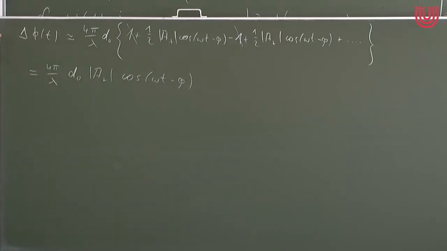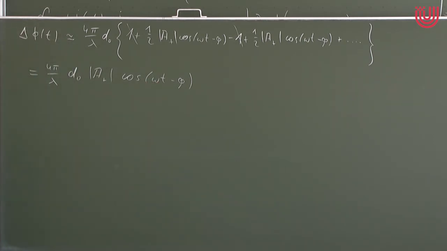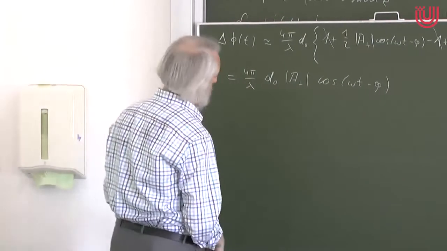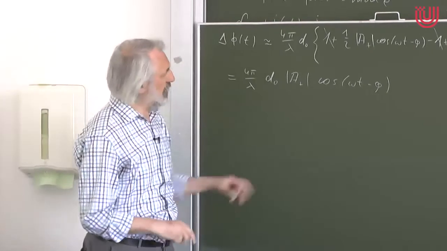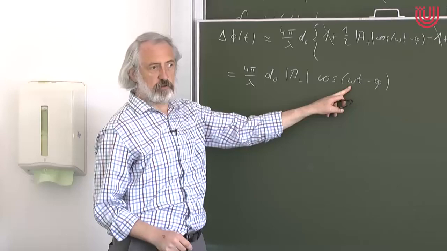So that's the signal you get. That's what the detector is really showing you. It shows you a phase difference, and it's given by this expression. And you see, it's totally different from what we had for these resonant bar detectors. For the resonant bar detectors, the dependence on omega was crucial. The amplitude was dependent on omega.